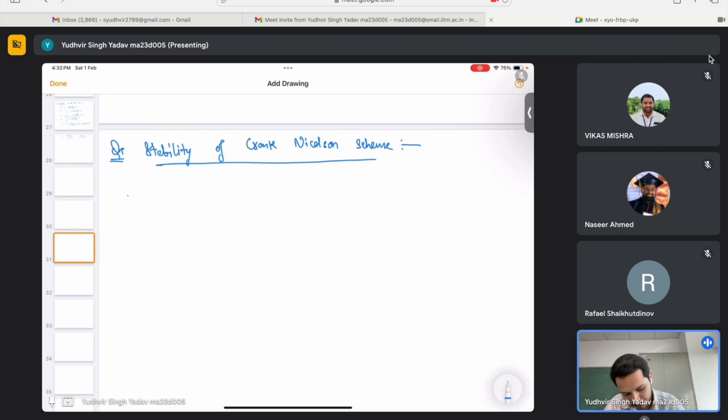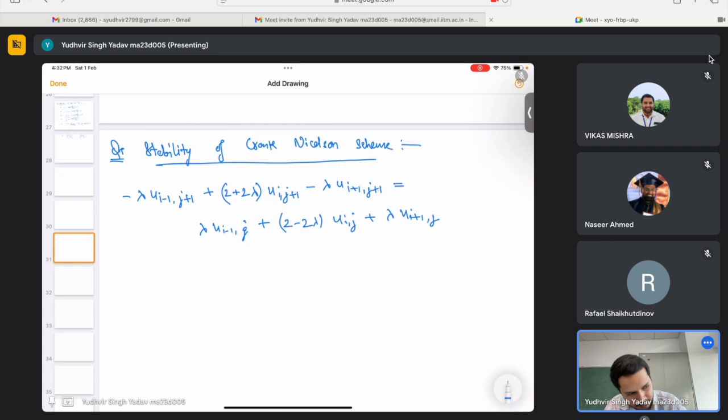So the Crank-Nicolson scheme is given by (2 + 2λ) u(i, j+1) − λ u(i+1, j+1) [− λ u(i−1, j+1)] = λ u(i−1, j) + (2 − 2λ) u(i, j) + λ u(i+1, j).